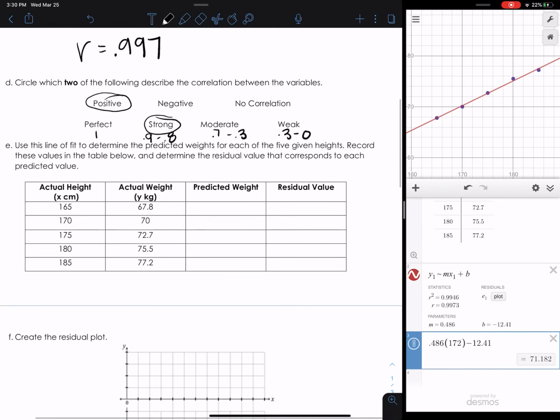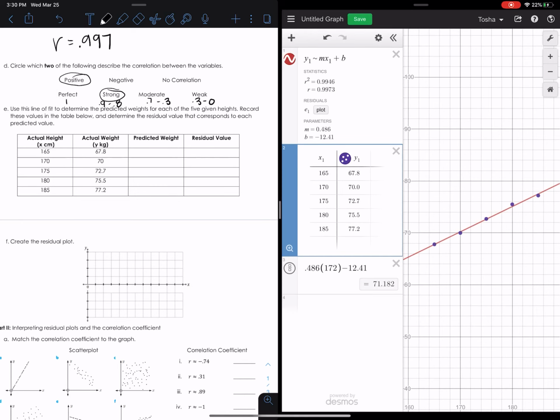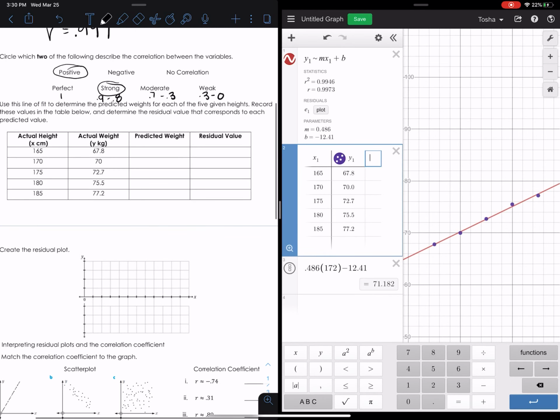And then we have part of this that's on residuals. So I'm going to go back to this Desmos here, and I'm going to do what I did in the last video, which was typing in our regression equation, and it'll give us our predicted weight or our predicted values.